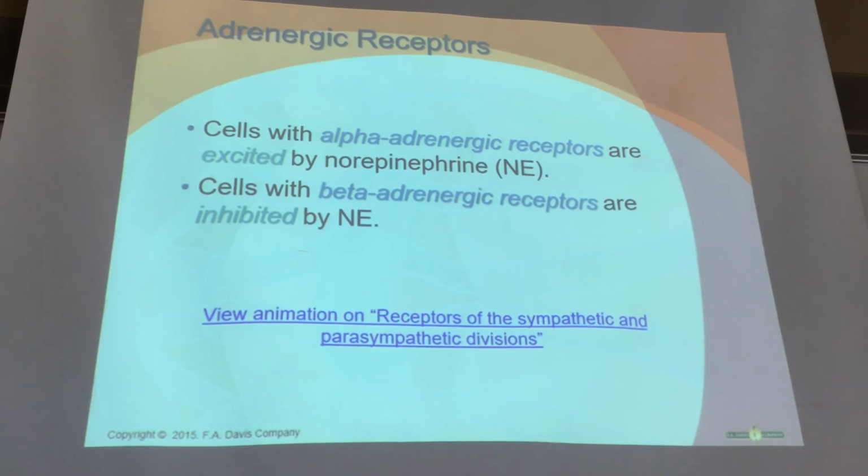For example, the binding of norepinephrine to an alpha adrenergic receptor in blood vessels will cause the blood vessels to constrict. It's activating that muscle. But the binding of norepinephrine to a beta adrenergic receptor in the heart or the skeletal muscle will cause the vessels to dilate, so it's relaxing that muscle. Both alpha and beta receptors contain subtypes that can cause exceptions to these principles, but for now let's just memorize these basic concepts.